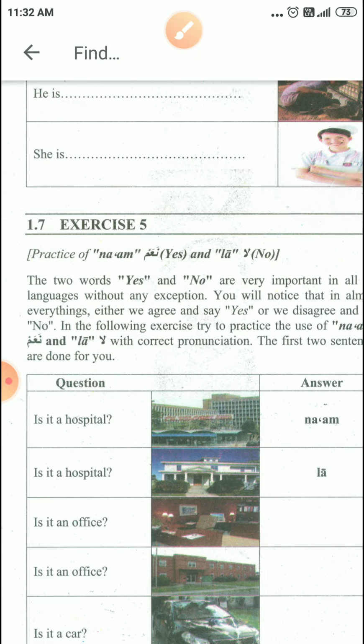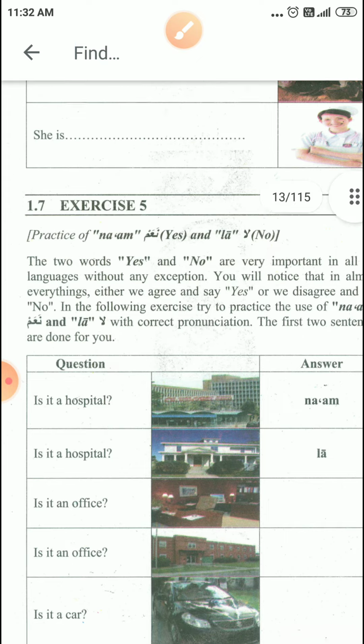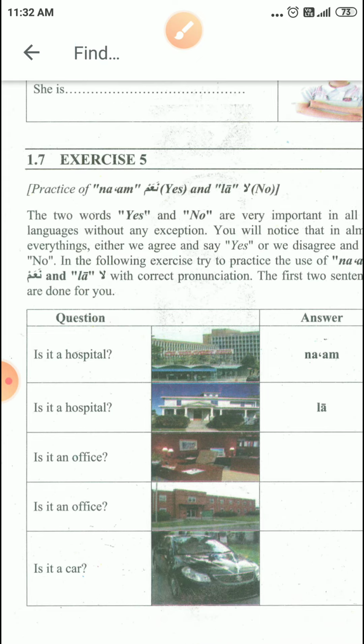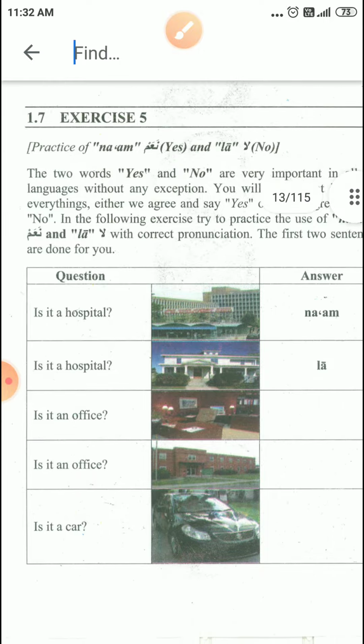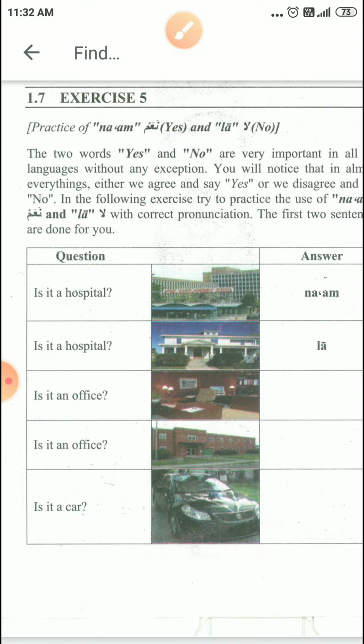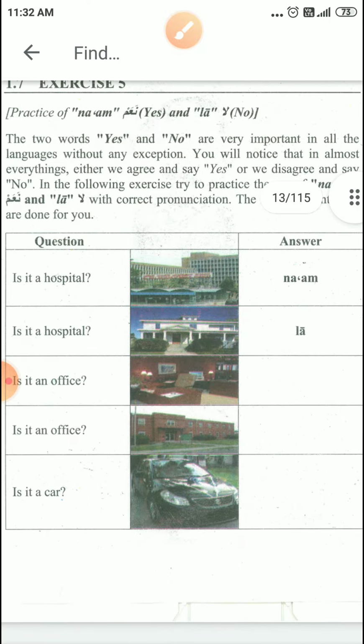Now is fifth exercise, and this exercise is based upon use of naam and la. Naam means yes and la means no. The two words yes and no are very important in all the languages, and Arabic has no exception in this regard.